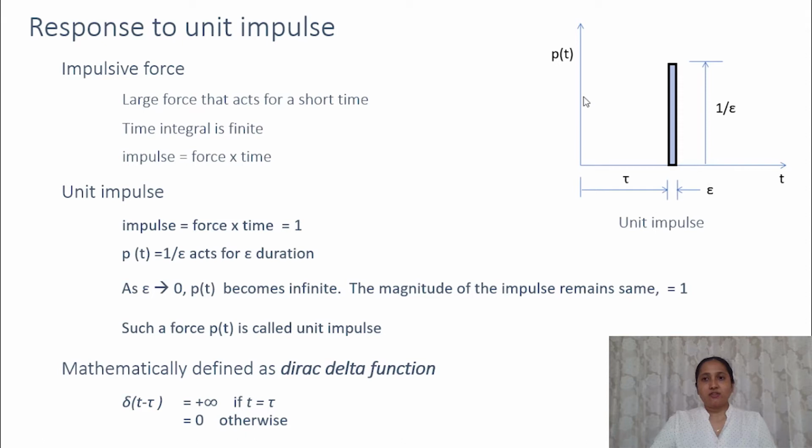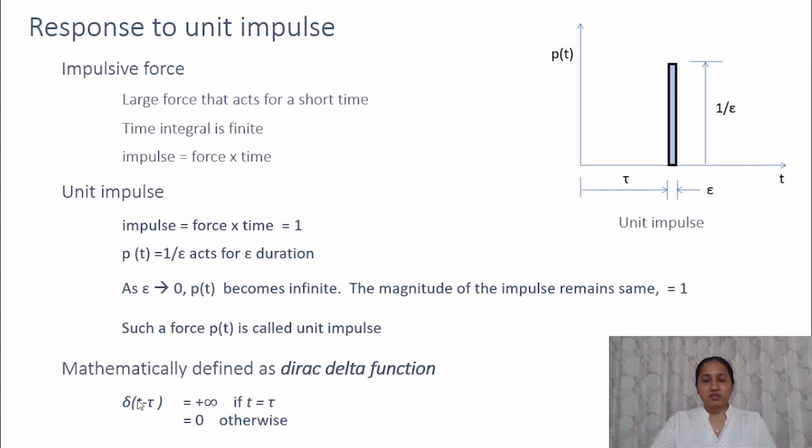So how will we represent this type of force in our analysis? Mathematically, we can represent this impulse force using the Dirac delta function. So what is the Dirac delta function? The function delta of t minus tau is defined as plus infinity if t is equal to tau, and it is equal to 0 otherwise.